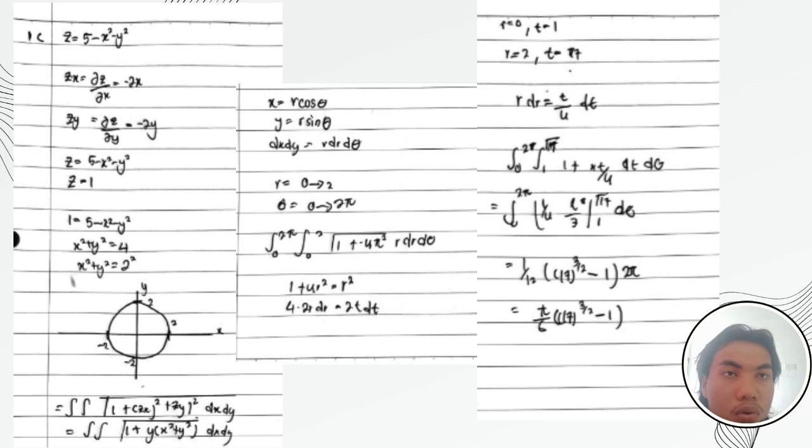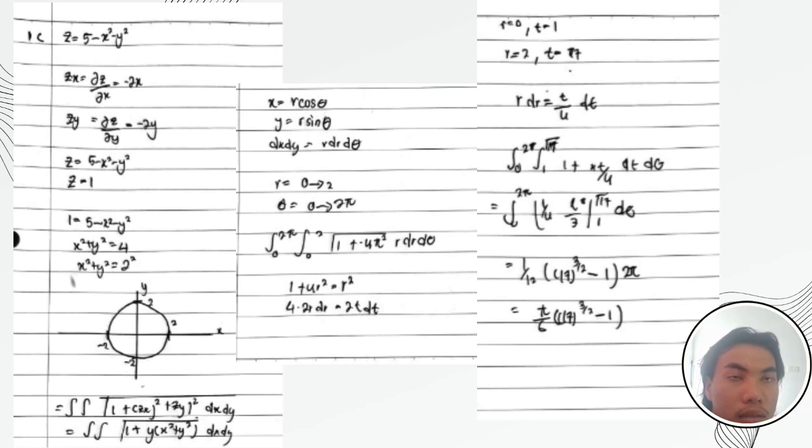Then we need to convert to polar coordinates, where x equals r cos theta and y equals r sin theta, with r ranging from 0 to 2 and theta from 0 to 2 pi.